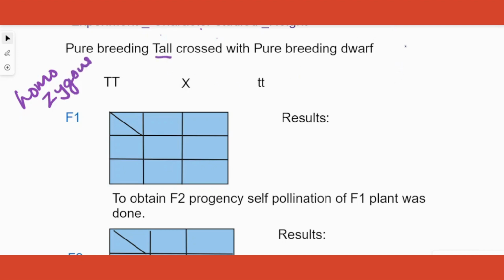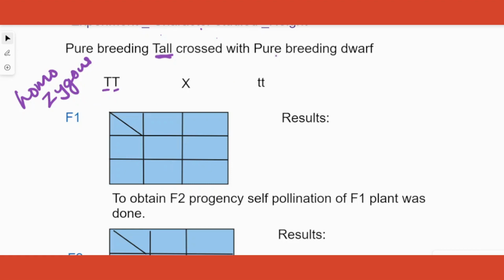So we have already learned how to name any genotype. Correct? So every gene will have 2 alleles to it. Correct? So in this case, we know that the alleles are homozygous. That's why we have taken it to be capital T and capital T. If you have any confusions in that, please type in the comment box. I will explain this further.